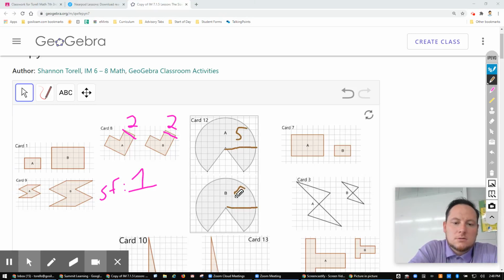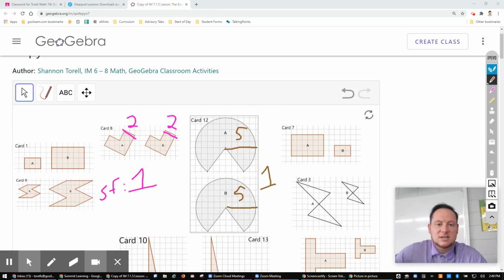So what do we multiply 5 by to get 5? 5 times what equals 5? And the same thing on that one is 1, right? So what are we noticing there? So if we have a scale factor that's 1, that means it's going to be the same size as the original, right? So hopefully that kind of makes sense a little bit.